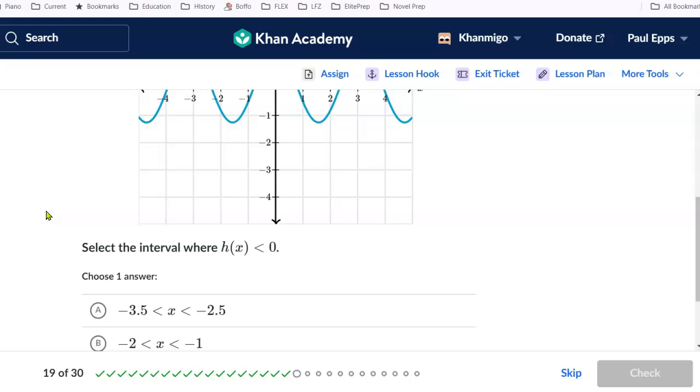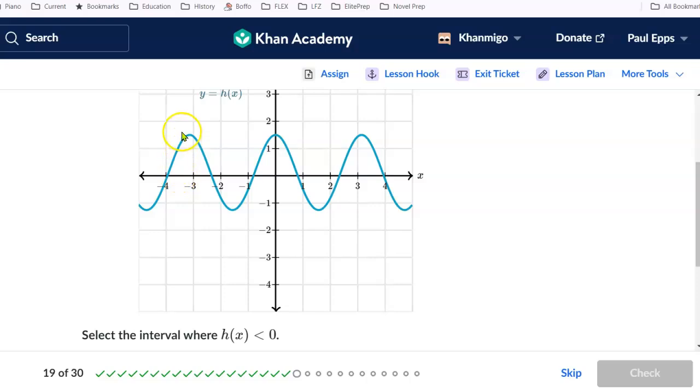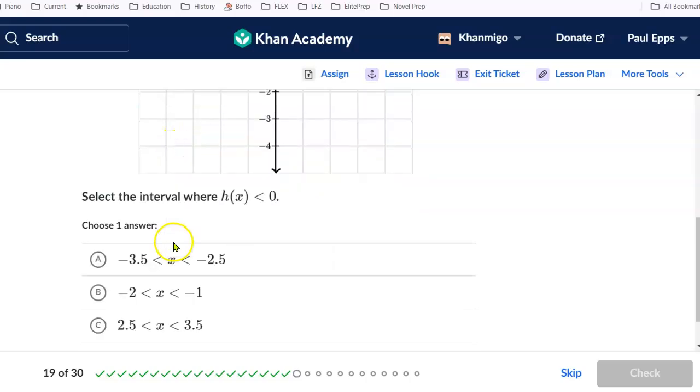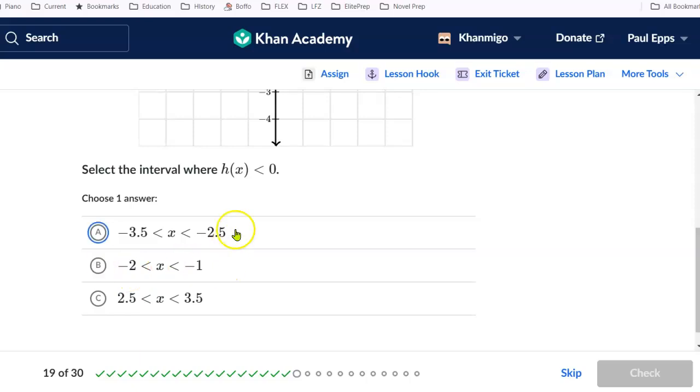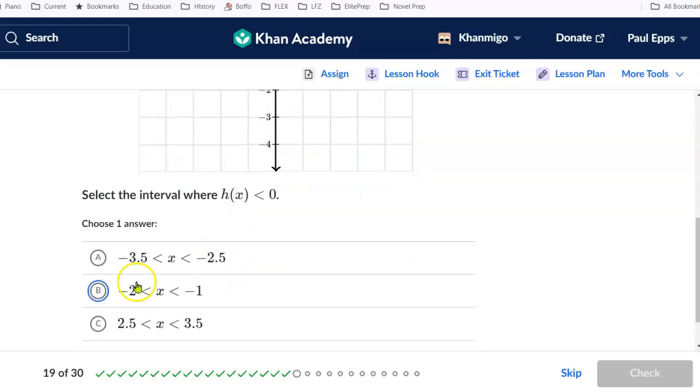First option, -3.5 to -2.5. -3.5 is here, and that is obviously not less than 0. Okay, how about from -2 to -1? Well, -2 is here, -1 is here, and it is less than 0 the whole way, so that has got to be the answer.